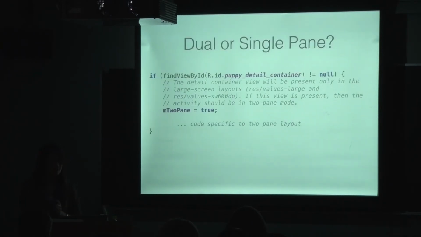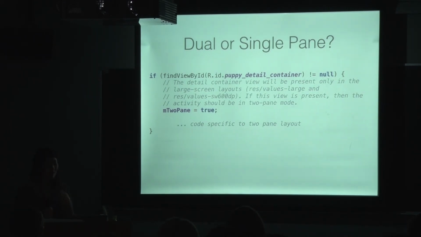So even though Android takes care of selecting the appropriate resources for us, we still need to determine if we are displaying one fragment or two fragments at a time. So in our activity's onCreate method, we should determine if it's a two pane or single pane layout.